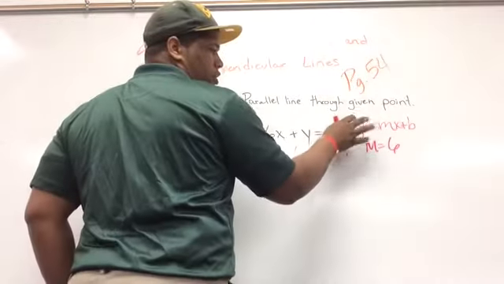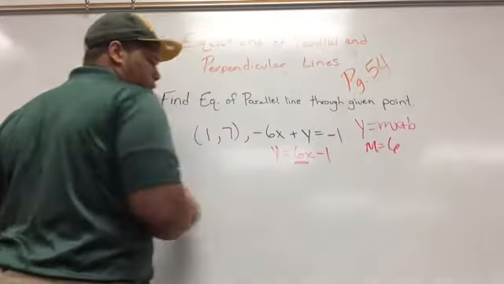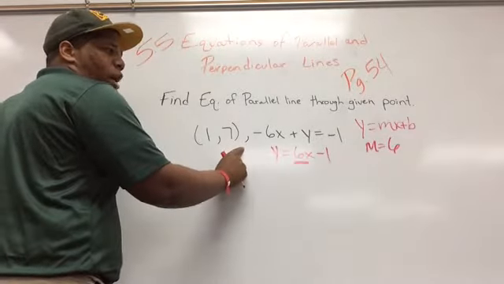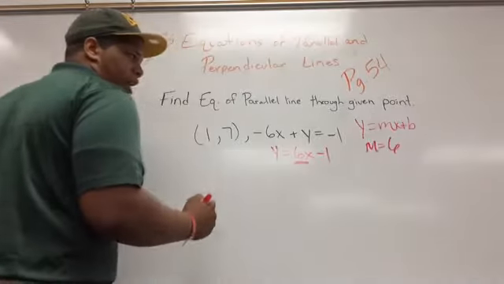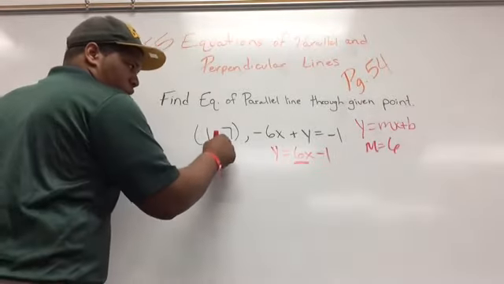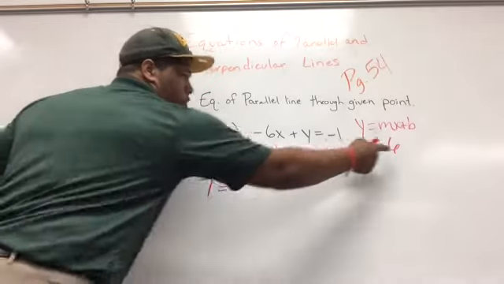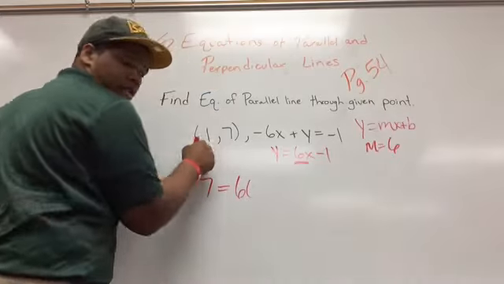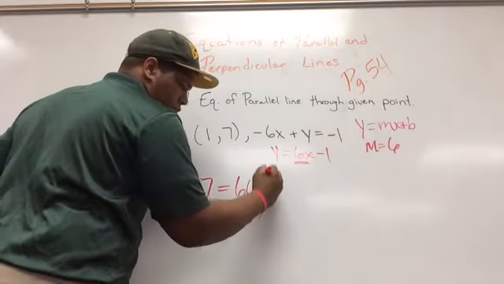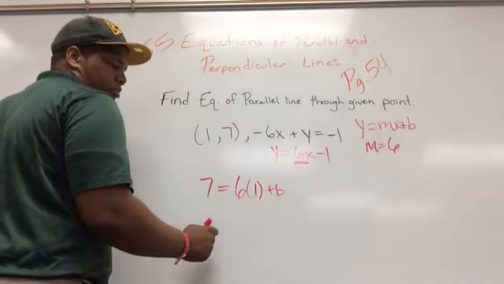So I'm going to use this formula and plug in my slope and my x and y to find my y-intercept for that line. So I'm going to use my y here, which is 7, is equal to my slope, which is 6, times my x, which is 1, plus b to find my y-intercept.